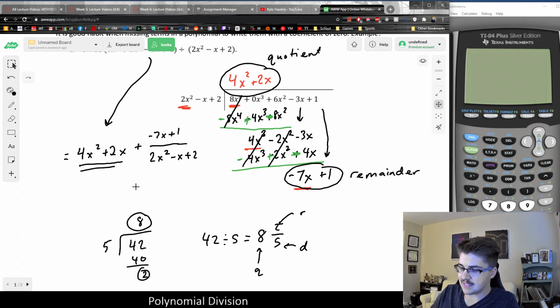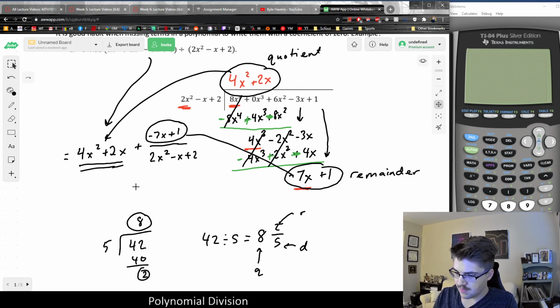And so that's exactly the same structure when it comes to writing the answer to a division problem. We have the quotient right there, we have the remainder on top, and the divisor on bottom. So, again, this would be one way we could write our final answer.